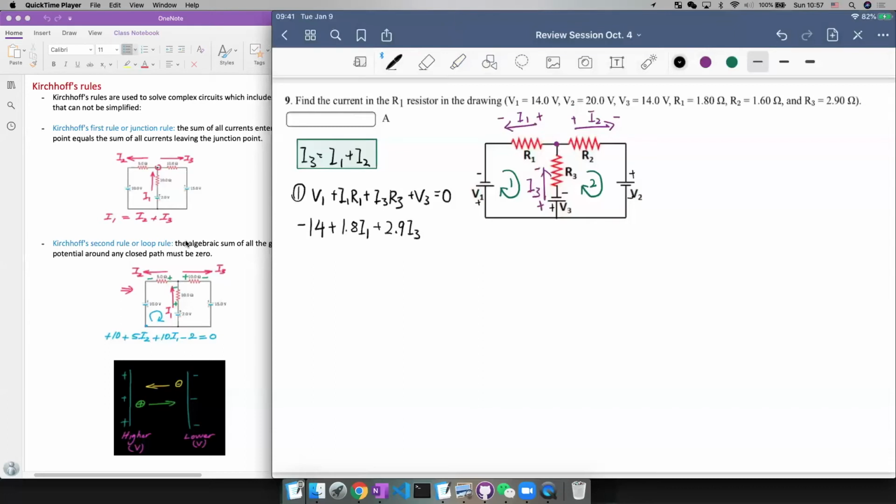Okay, last one, V3. We go from negative side to positive side, it's a gain. Still plus. V3 plus 14 equals 0.